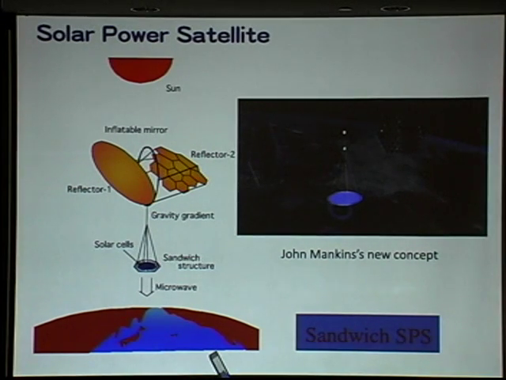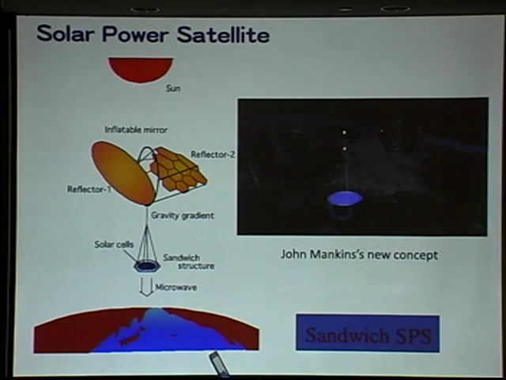We are developing a sandwich solar power satellite. We proposed this type of solar power satellite in 1995. We have a pair of reflectors, and this is a sandwich structure.